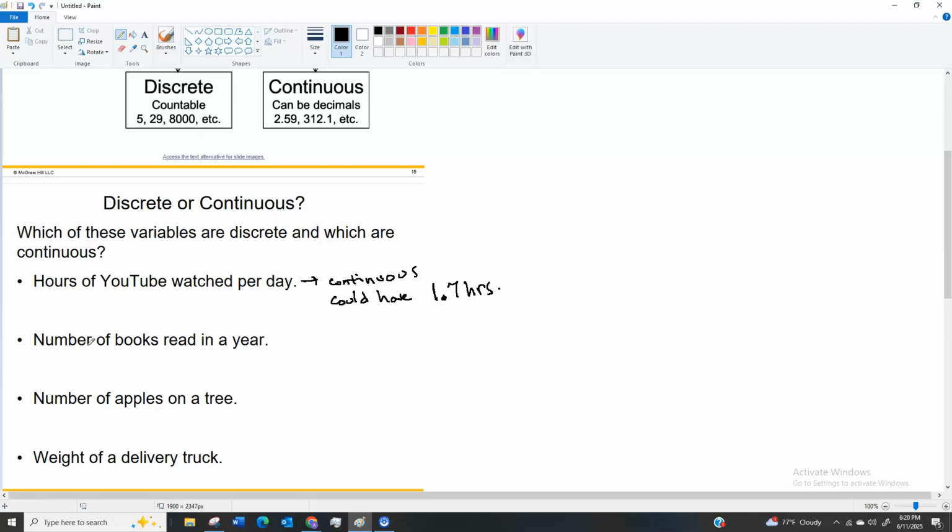But if we say, instead of number of books read, number of books completed in a year, so if you're just talking about the ones you've completed, then that would be discrete because you've either read 0 or 1 or 2 or 3, etc. It's just going to be a counting number. So the number of books you've completed in a year would typically be considered discrete.